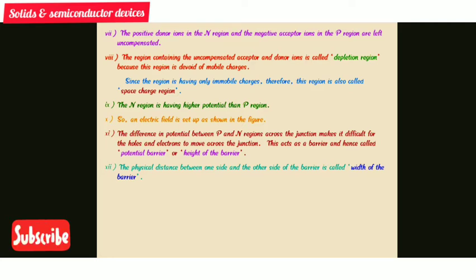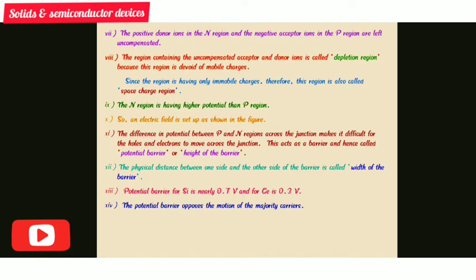Twelfth, the physical distance between one side and the other side of the barrier is called the width of the barrier. Thirteenth, the potential barrier for Si is nearly 0.7 volt and for Ge is 0.3 volt.